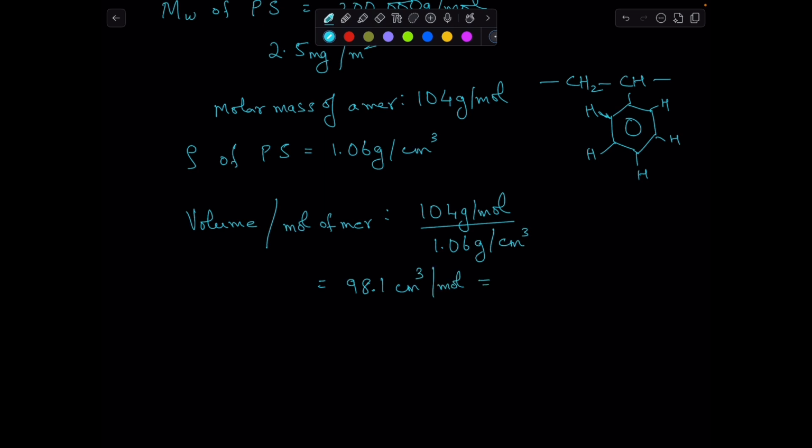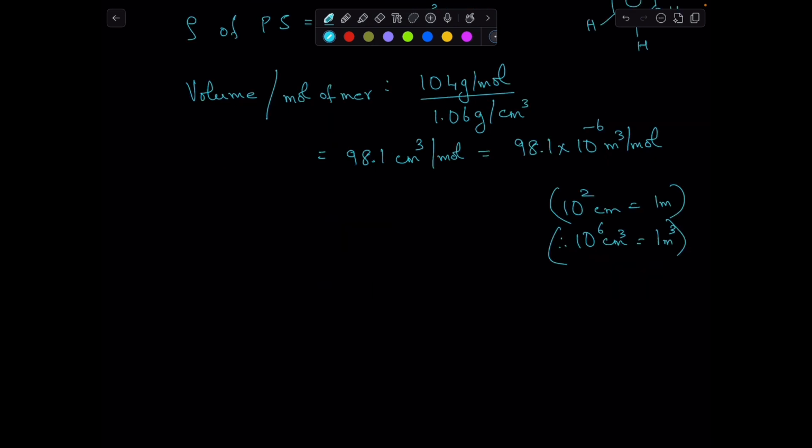That equals 98.1 times 10 to the negative 6 meter cube per mole, because 10 squared centimeters is equal to 1 meter, so 1 meter cube is equal to 10 to the power 6 centimeter cube.